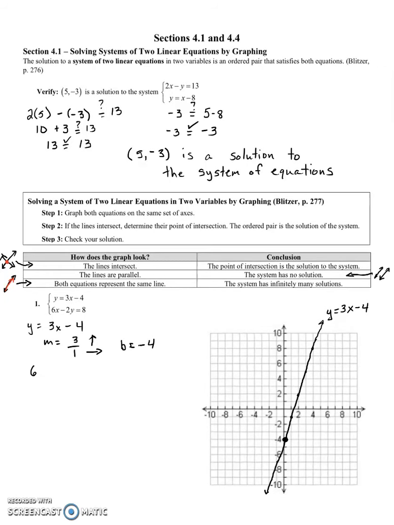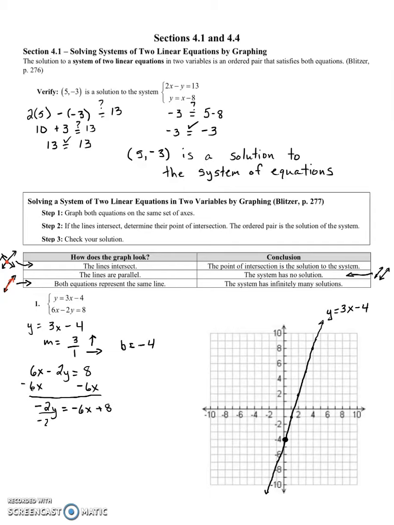Now, the other one is not in slope-intercept form, so we should put it in slope-intercept form by subtracting the 6x, which means we have negative 2y equals negative 6x plus 8.